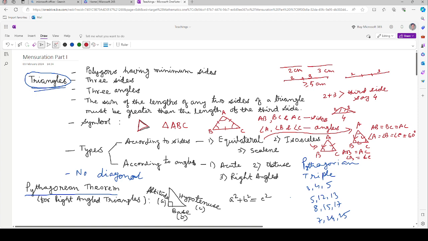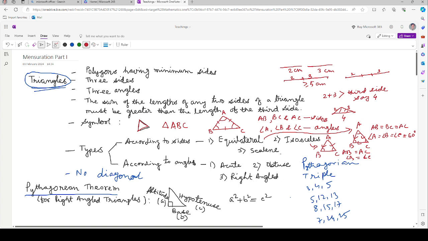Here, the equal sides are AB and AC, and the base angles corresponding to these two sides are B and C. Therefore, angle B equals angle C.